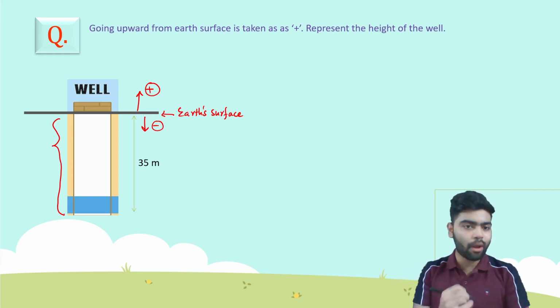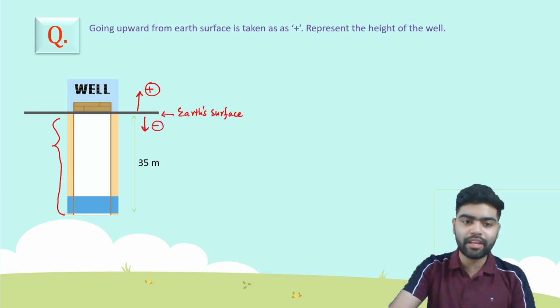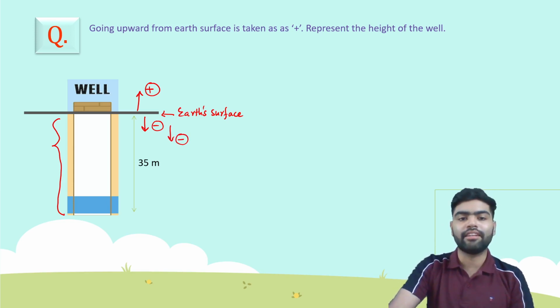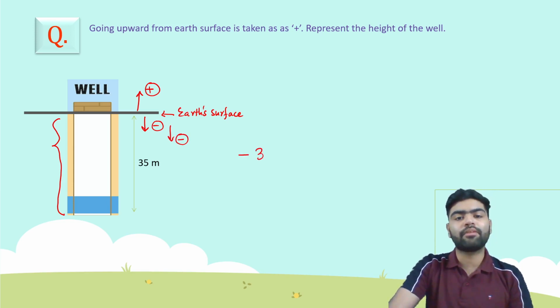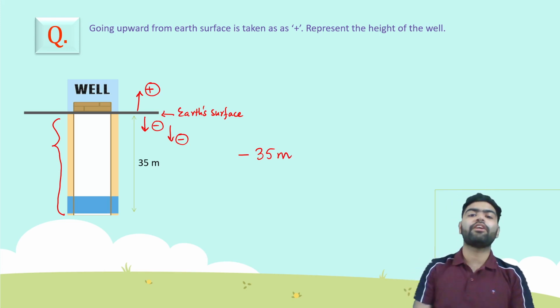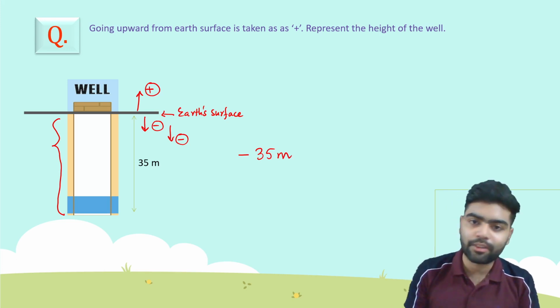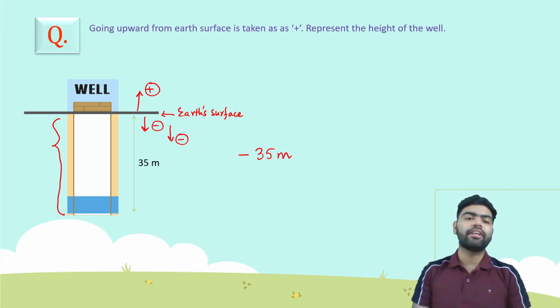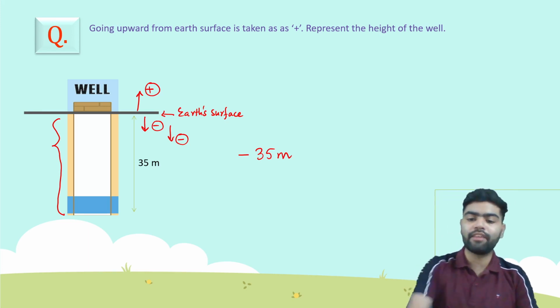A positive sign or a negative sign? It should be a negative sign, because I can clearly see that this direction is negative, right? So negative 35 meters is going to be your answer to this question. The height of the well is going to be negative 35 meters.